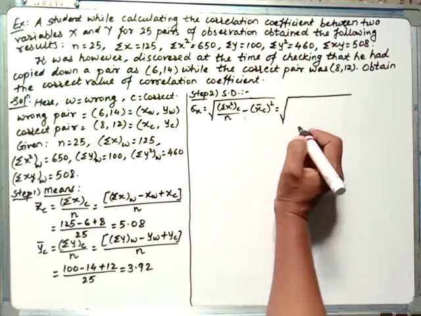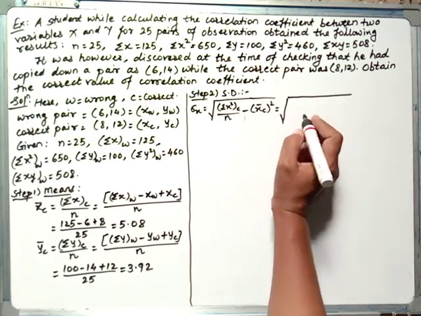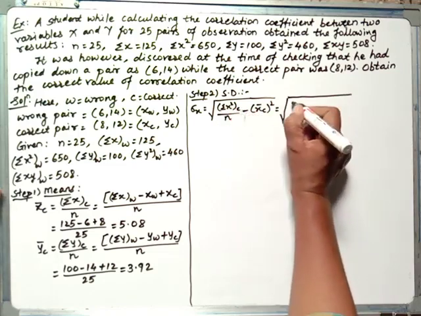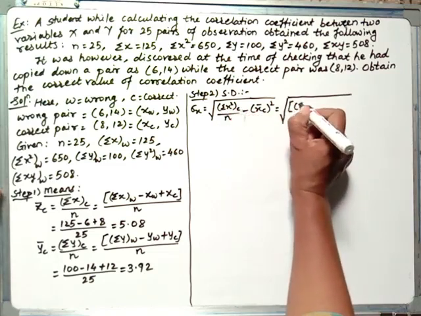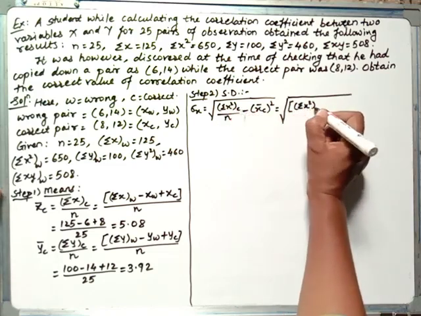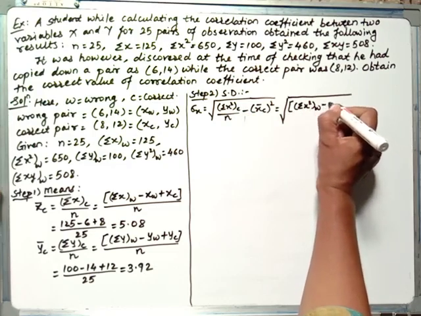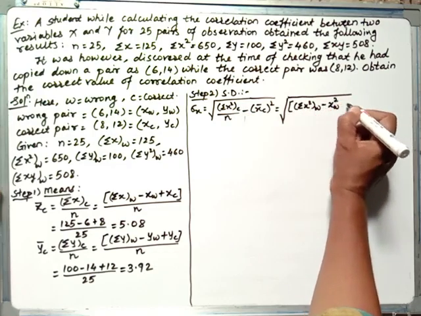How does this become? This sum is again summation x square, the wrong one, minus xw square plus xc square.